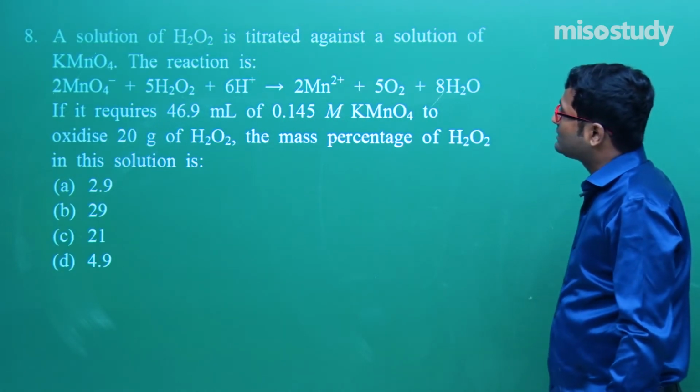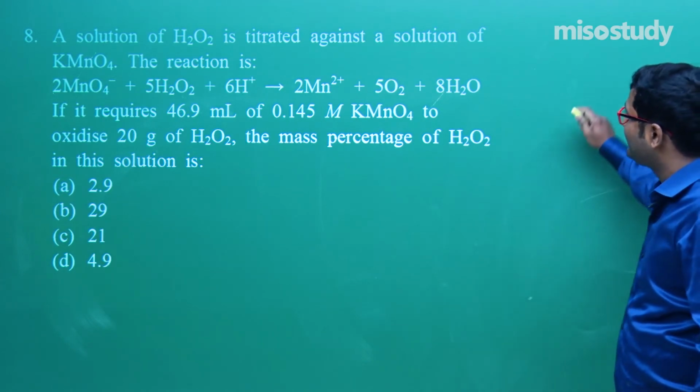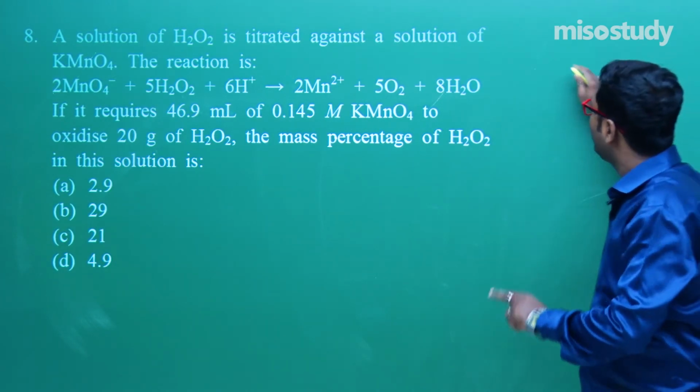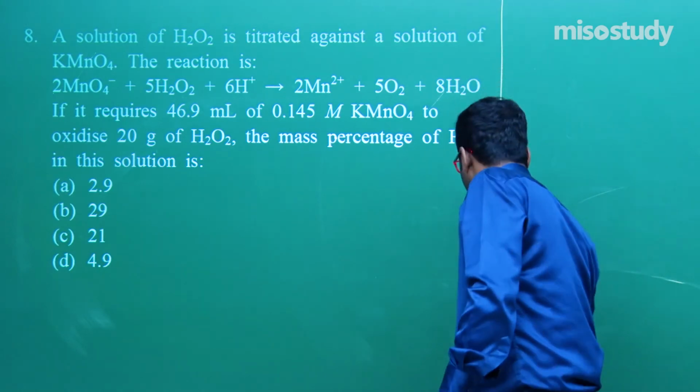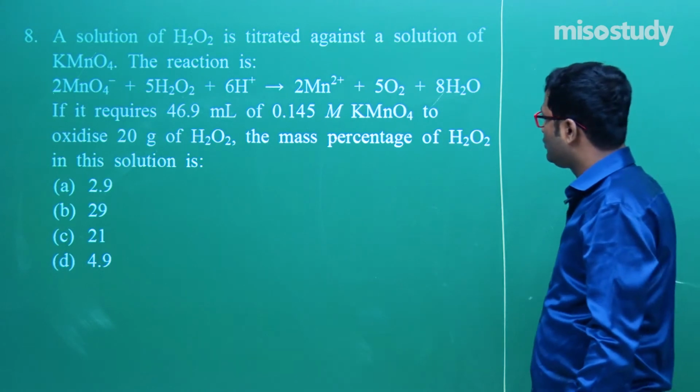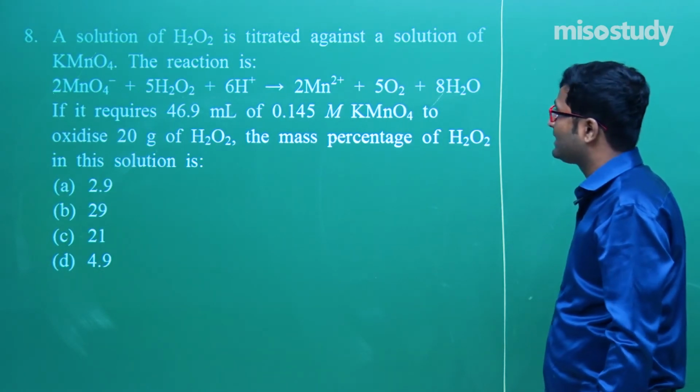Look at this. A solution of H2O2 is titrated against a solution of KMnO4. The reaction is 2MnO4 minus plus 5H2O2 plus 6H plus, which gives 2Mn2 plus plus 5O2 plus 8H2O.